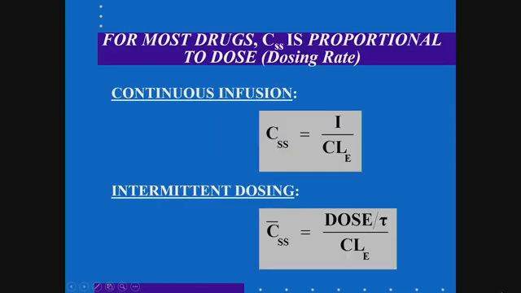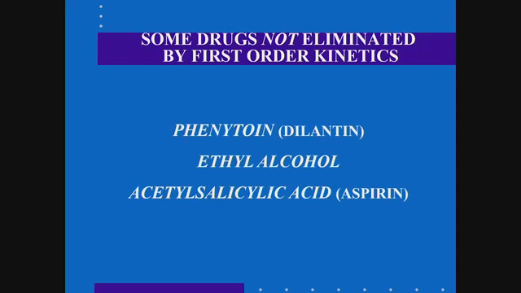We are re-emphasizing our steady state equations because truly these are equations you should remember because of their conceptual and practical use. But some drugs are not eliminated by first order kinetics, and I'm giving you 3 examples here: phenytoin, ethyl alcohol, and aspirin, acetyl salicylic acid.